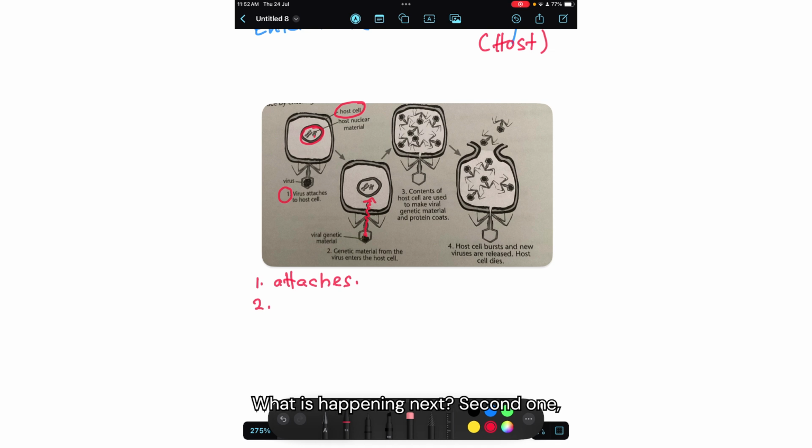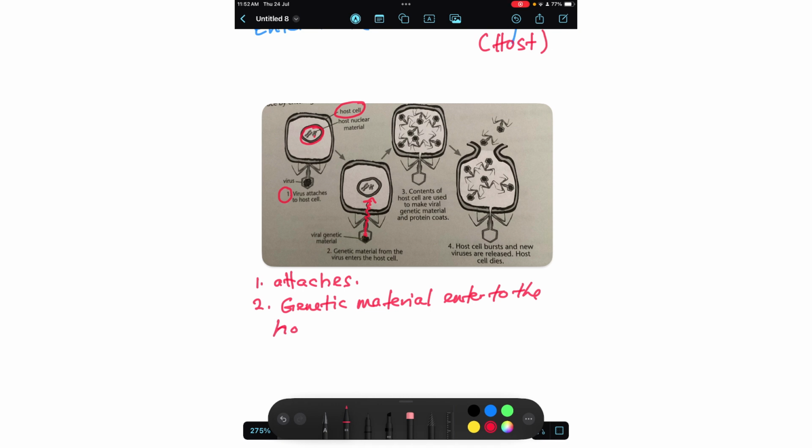Second one, genetic material enters the host cell. What do you know about the host cell? The host cell is a living organism. It has its own genetic material.